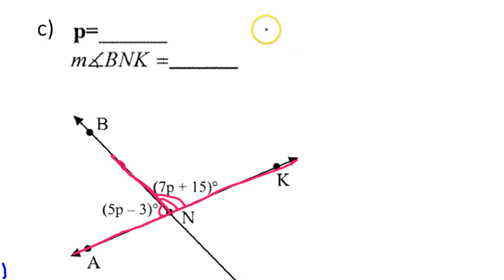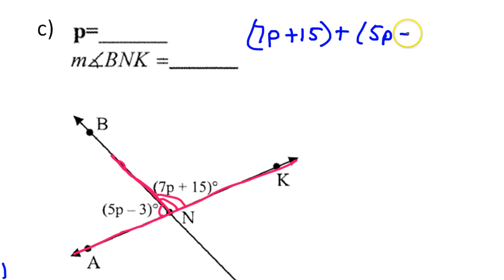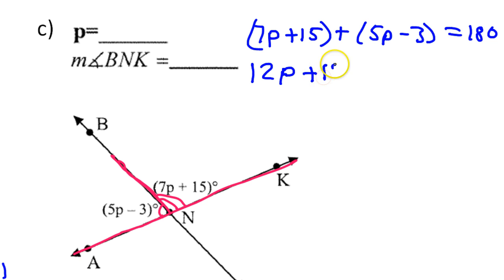So we have 7p plus 15 plus 5p minus 3 should equal 180. 7p plus 5p is 12p. 15 minus 3 is 12. And that should equal 180.